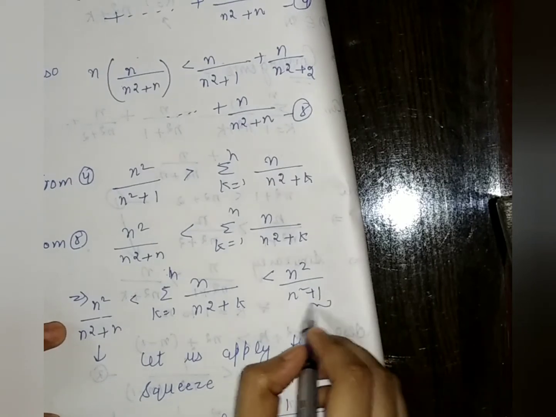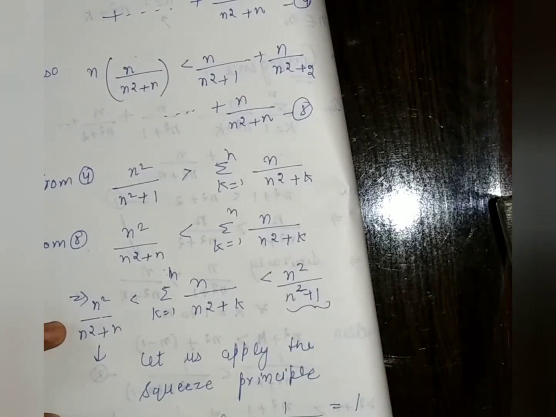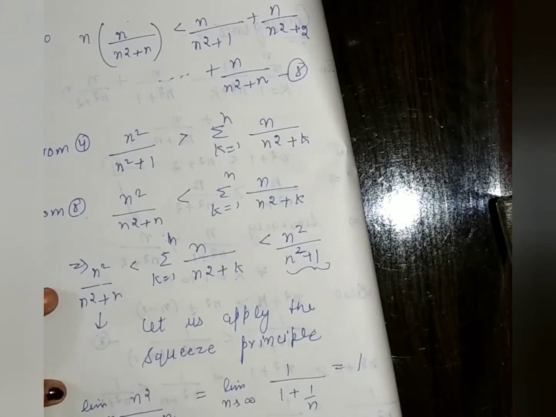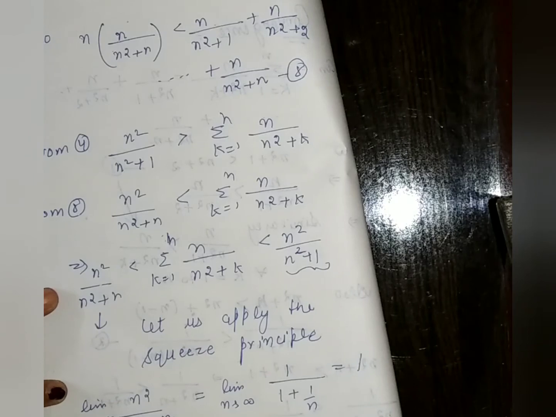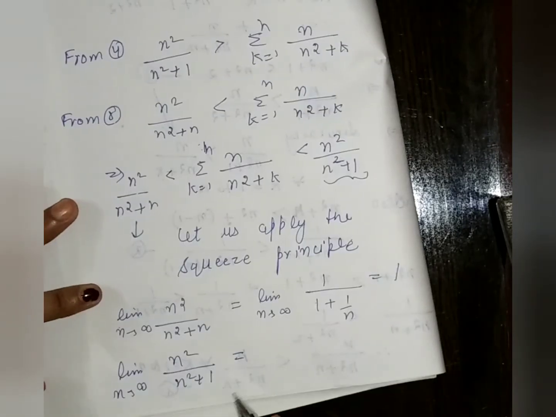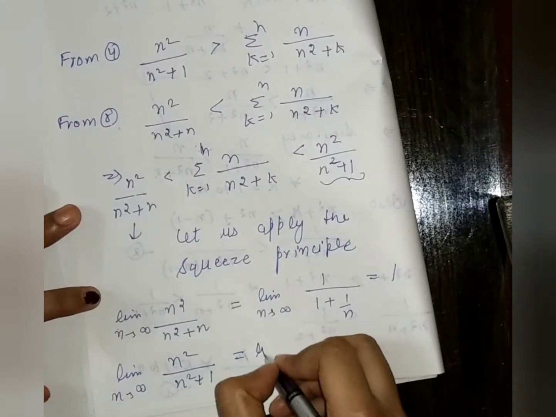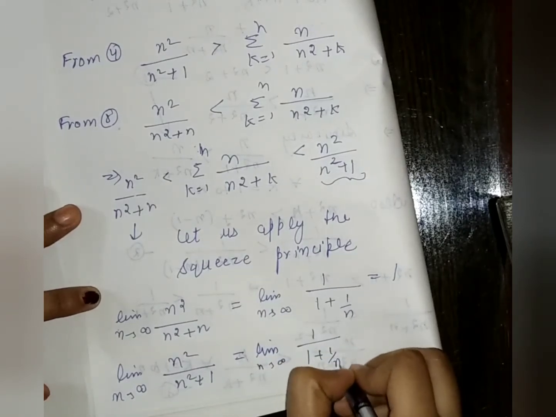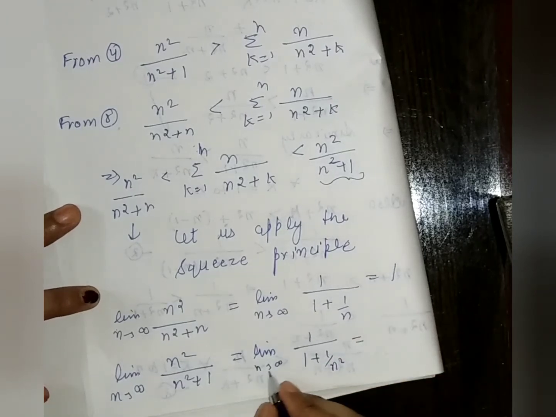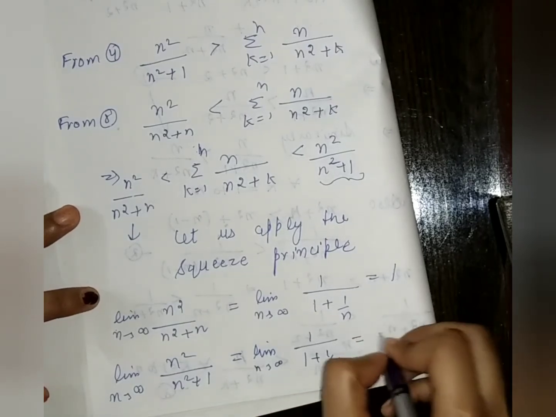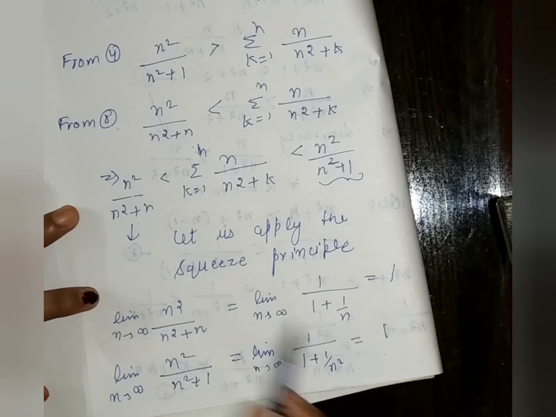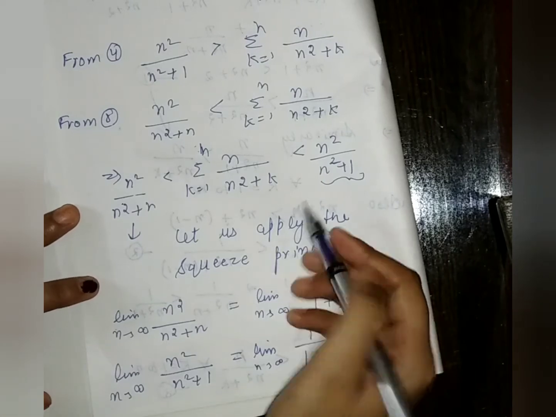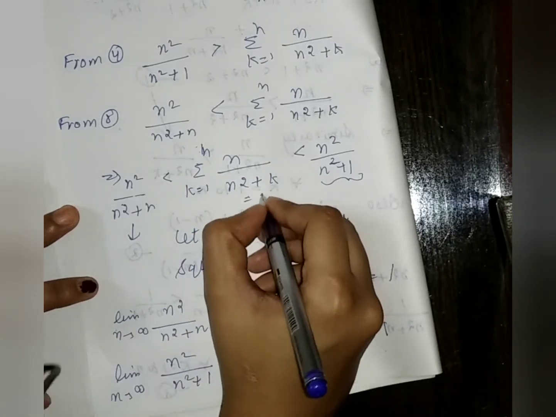Similarly, finding the limit for the other one, n square upon n square plus n, dividing the numerator and denominator by n square, we get 1 upon 1 plus 1 by n, which tends to 1. So 1 is the limit of the left hand function, also 1 is the limit of the right hand function, hence 1 is the limit of this function also.